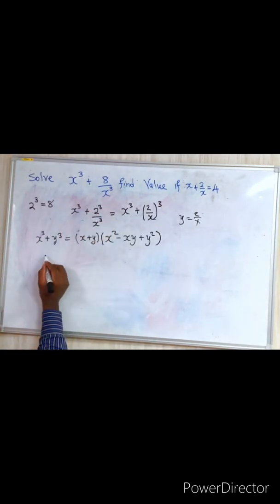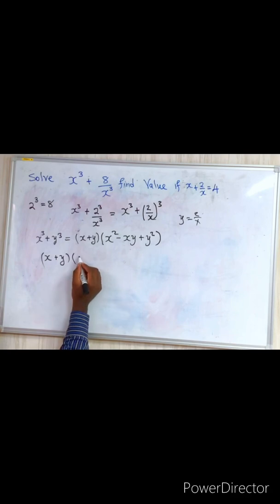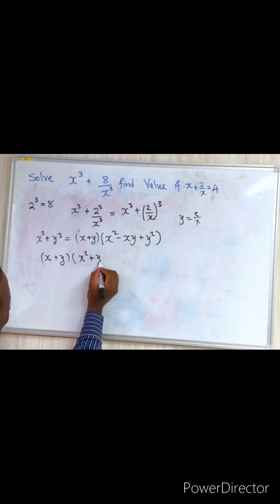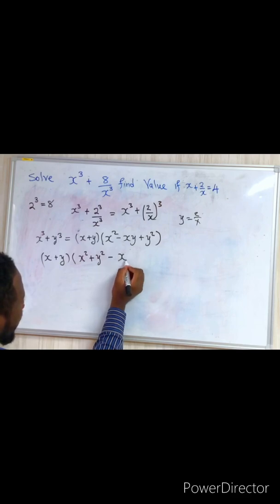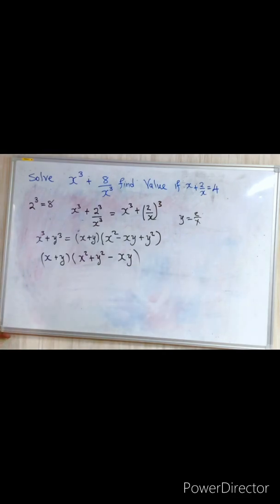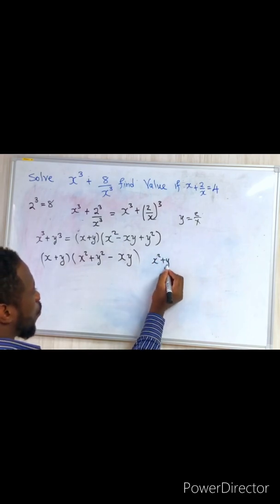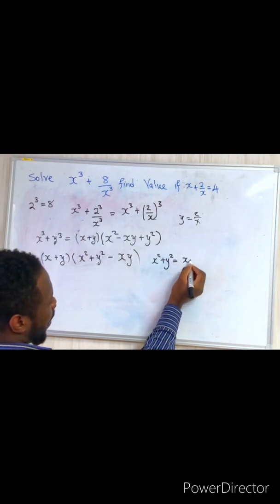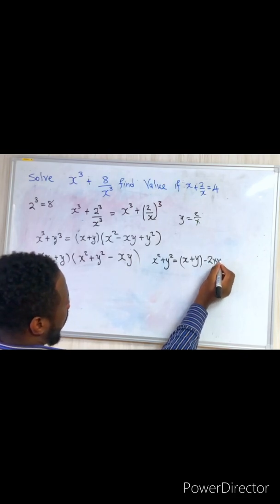Okay. So we say x plus y, this multiplies, you have x squared plus y squared minus xy. Now we also know x squared plus y squared is the same as x plus y squared minus 2xy.